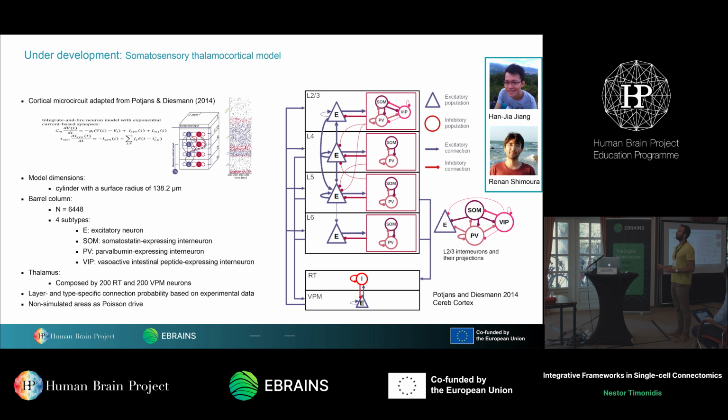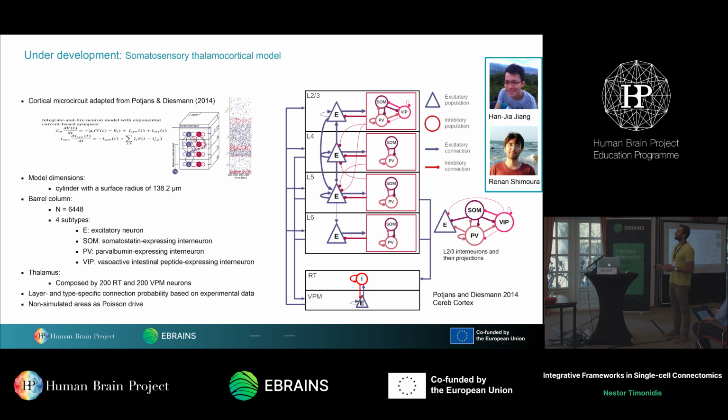Now the way that everything is interacting is by connection probabilities that, for example, here have been estimated based on the statistics that I talked about before, that we extract from the morphologies. So there is a feedforward and feedback interaction between the VPM and the barrel column, and the reticular nucleus interacts with the VPM and acts as a kind of inhibitory source.